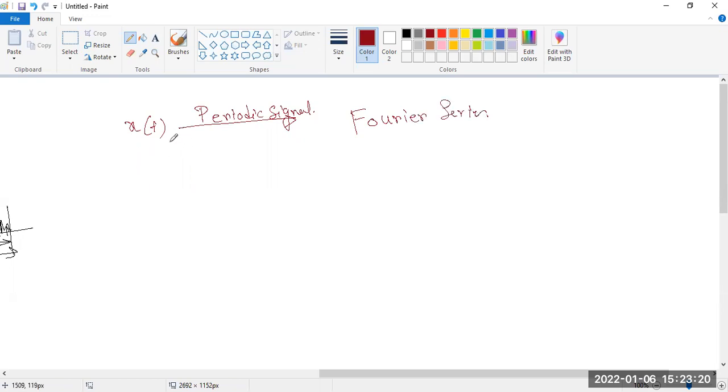If this is a non-periodic or aperiodic signal, then we can make it a Fourier transform.